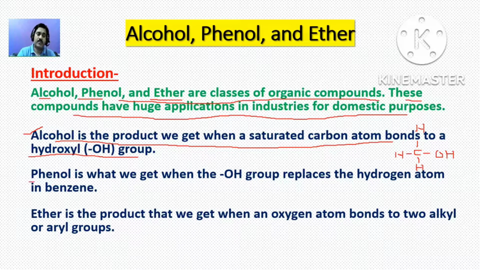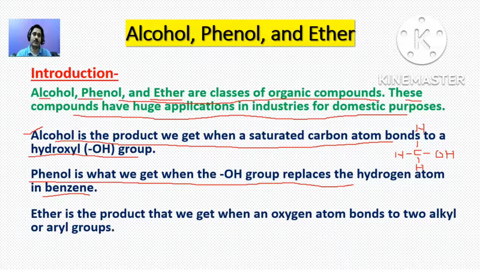Similarly, what are phenols? Phenol is what we get when the OH group replaces a hydrogen atom from the benzene ring. So, when a hydrogen atom is replaced from the benzene ring and OH is added to it, that is called phenol.